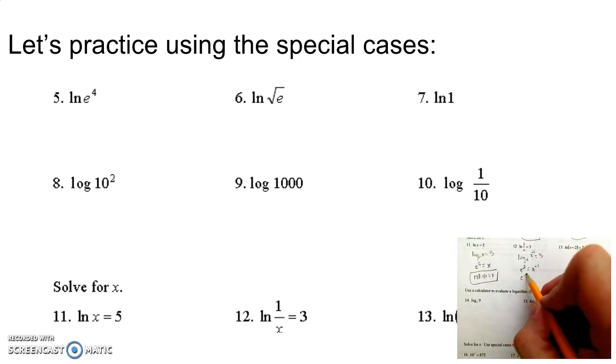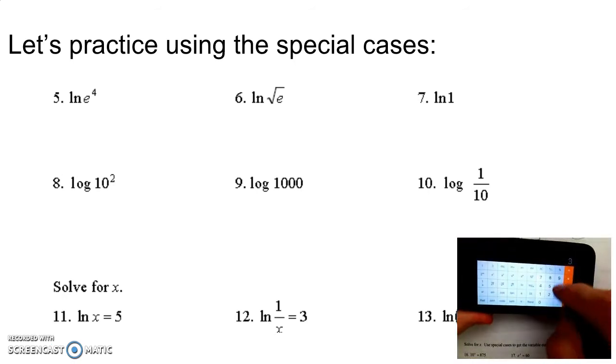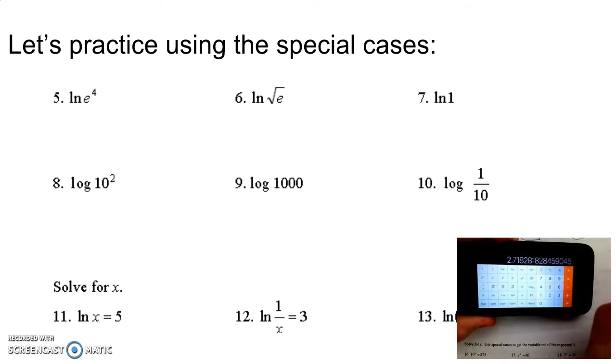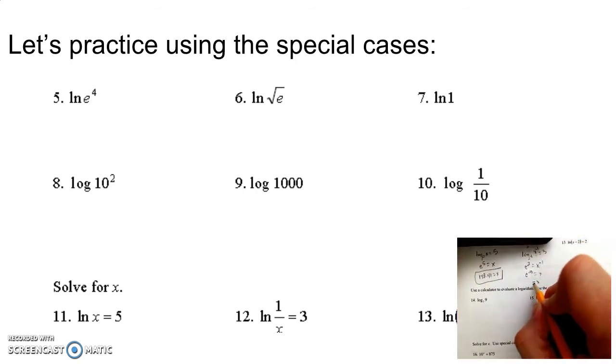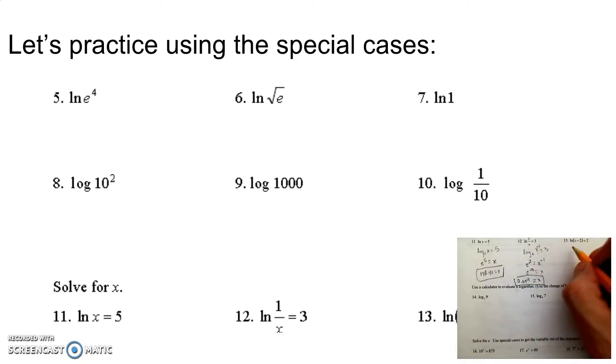So this is e to the negative 3. Let's calculate that. 3, hit your inverse button, and then e to that power. So that equals about 1/2.